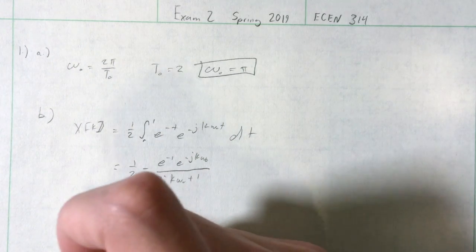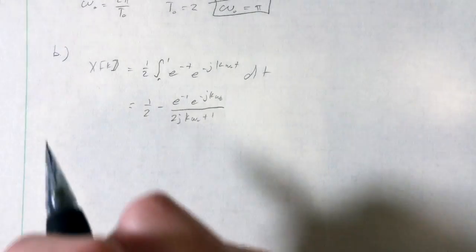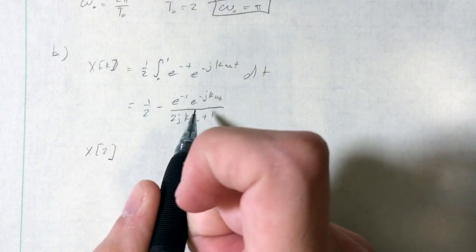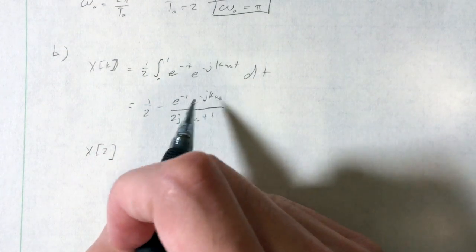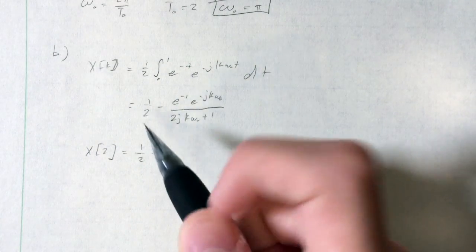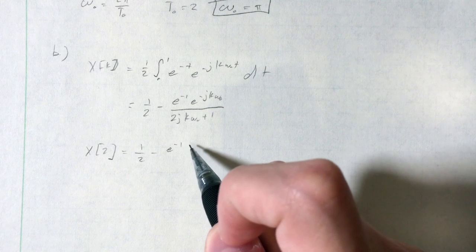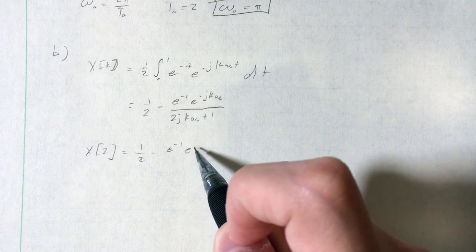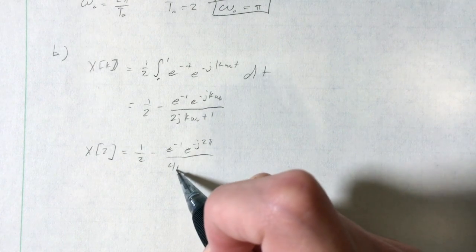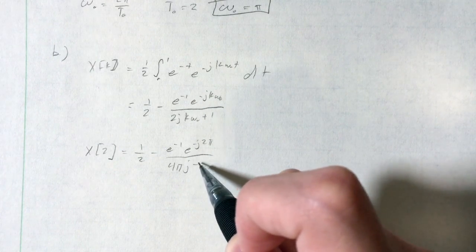But you want us to find x of 2. So x of 2, we just plug in 2 for k, right, is equal to 1/2 times (1 minus e to the minus 1, e to the negative j 2 pi) over (4 pi j plus 1).